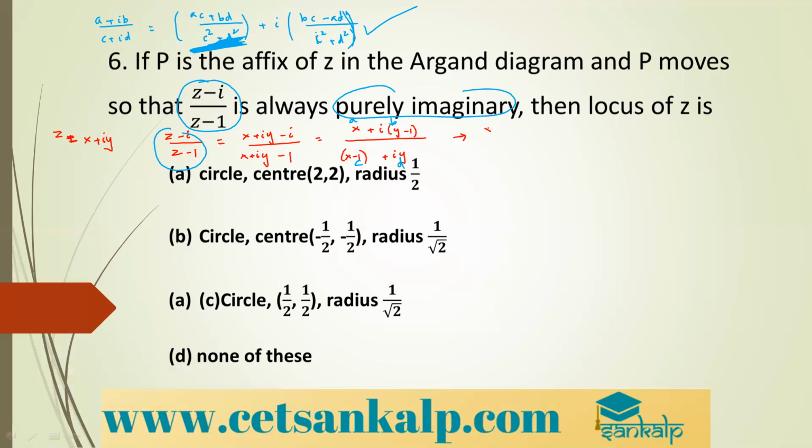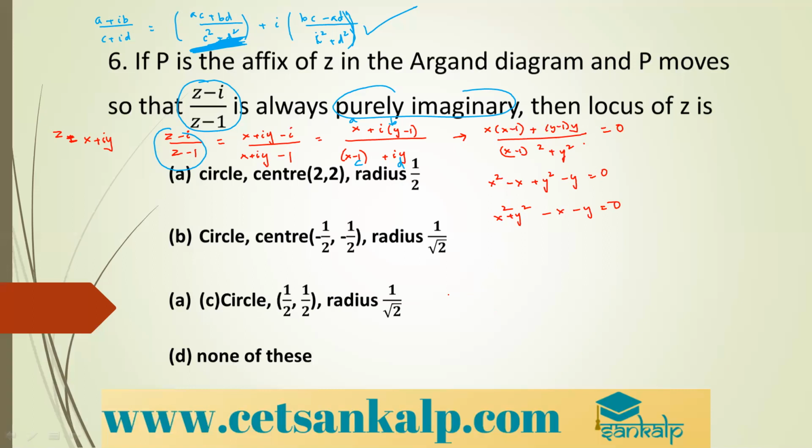AC means x into (x minus 1), then plus BD, (y minus 1) into y, by C square, (x minus 1) whole square plus y square, equal to 0. Or I will have x square minus x plus y square minus y equal to 0. x square plus y square minus x minus y equal to 0. So this is the equation of the circle.